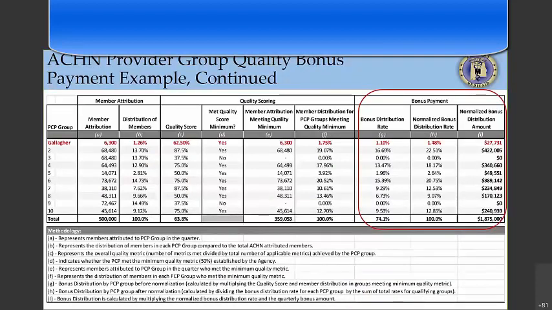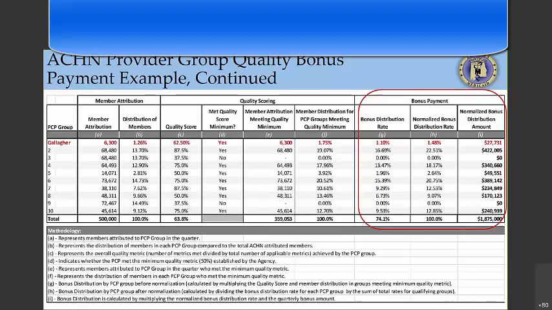Again, we'll use a numerical illustration to show how we got to that number. This is, again, the third step of our process, payment determination. We use our Gallagher practice to show, again, the pre-normalized bonus distribution rate of 1.1%. We normalize it by taking that and dividing it by the individual rates for every qualifying practice.